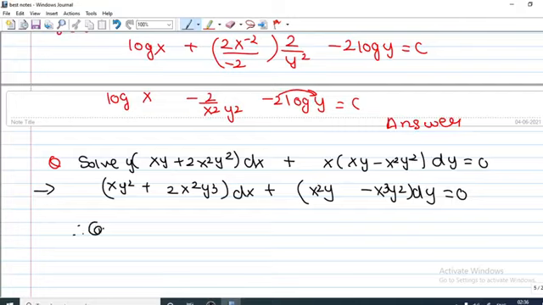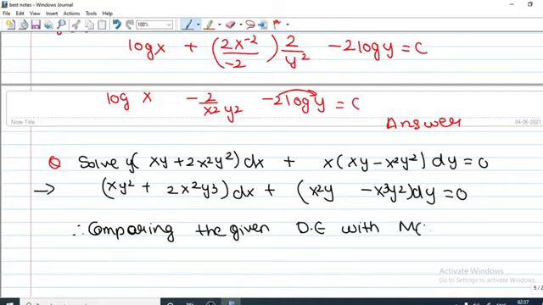Now comparing the given differential equation with M dx + N dy equal to 0, what are we going to get?